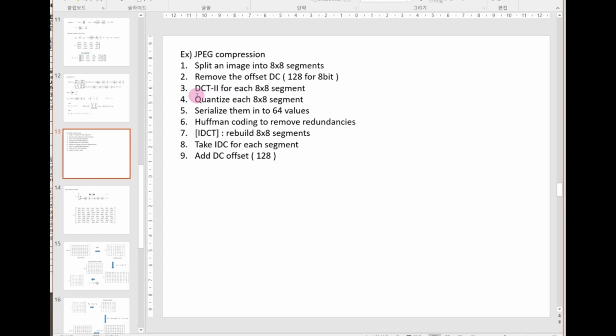Then we take the DCT, and step 4 is the quantization step. We have some standard quantization tables. By using that, we can drop some of the smaller harmonic spectral components, and then we can compress the serialized data using Huffman code. We can rebuild the image using the inverse DCT, and by adding the offset we get the compressed image.